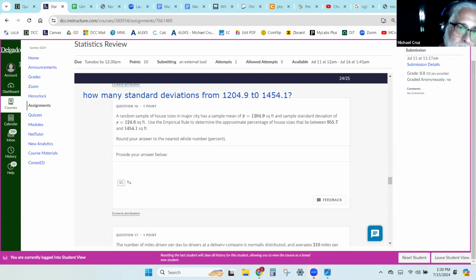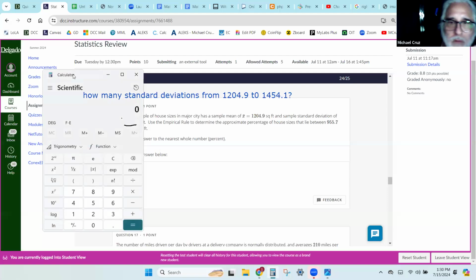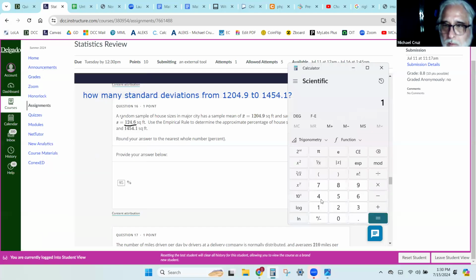Well, the standard deviation is 1.24. So let's find out how far that is. I'm going to subtract, and certainly that's more than 1, but I'm going to divide by the standard deviation, and that'll tell me how many. So that's 2 standard deviations.